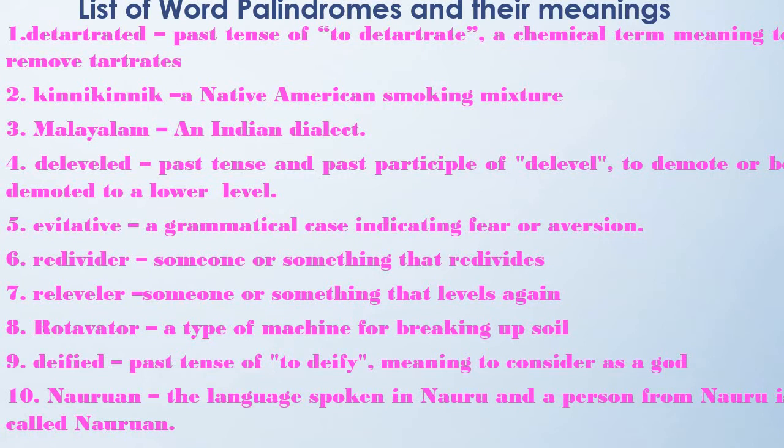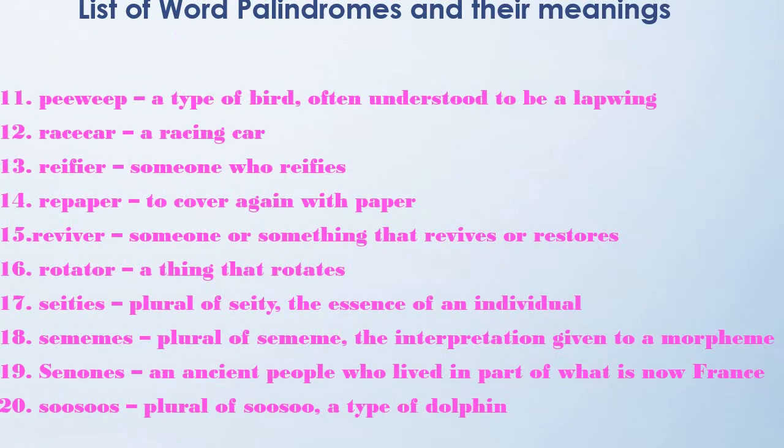Nauran is the language spoken in Nauru, and a person from Nauru is also called Nauran. Peewee is a type of bird, often understood to be a lapwing.